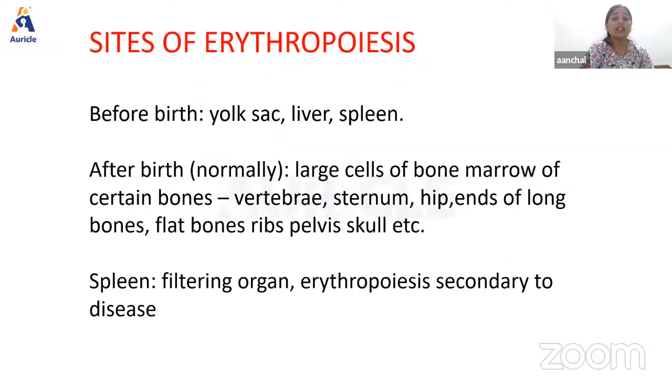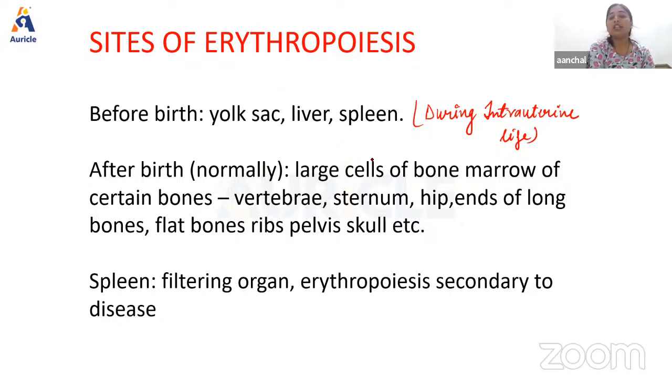Now, the sites of erythropoiesis. Before birth, during intrauterine life, the formation of RBC will take place at the yolk sac, liver, and spleen.